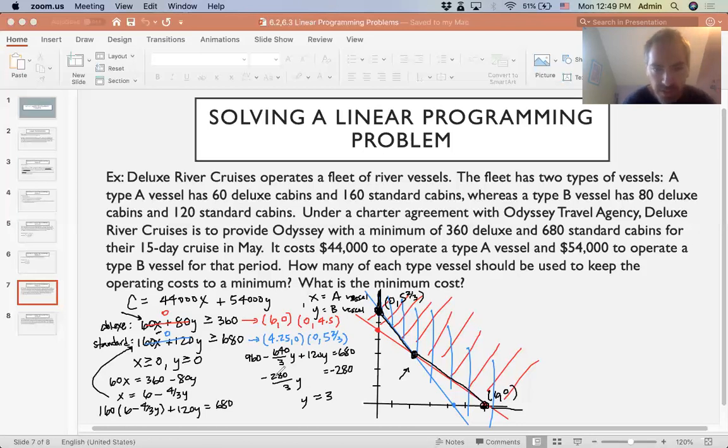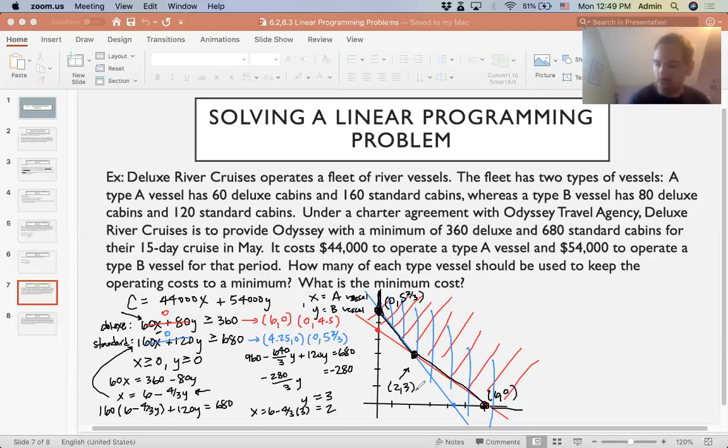Because the 280s are going to cancel when you divide. So y equals 3, and then we can substitute y equal 3 back into our x statement here, that x is 6 minus 4/3 y. That'll reduce down to 6 minus 4, which is 2. All right, so this point here is (2, 3).